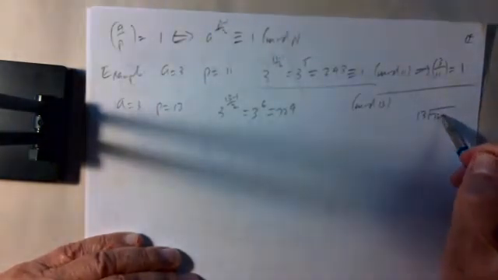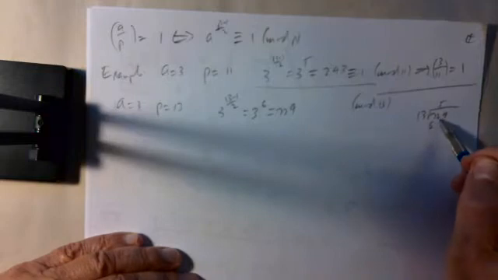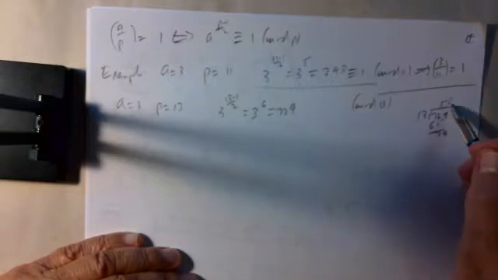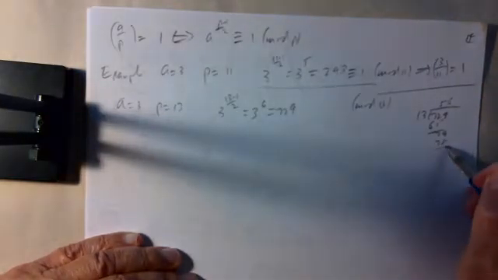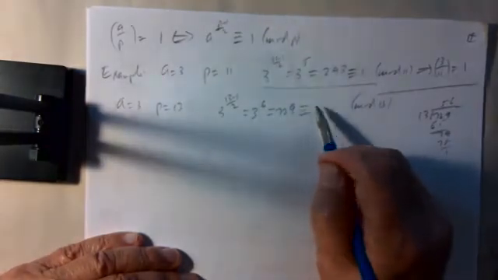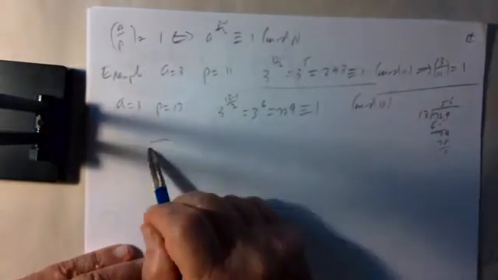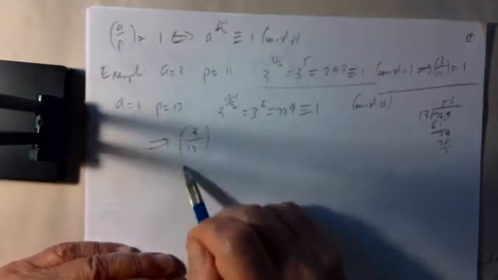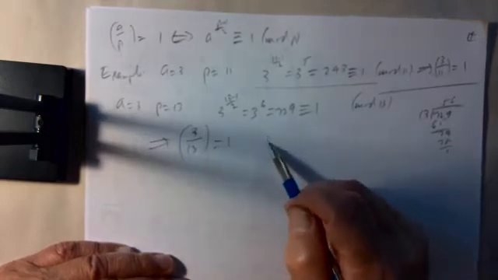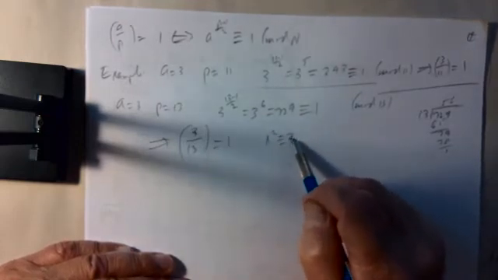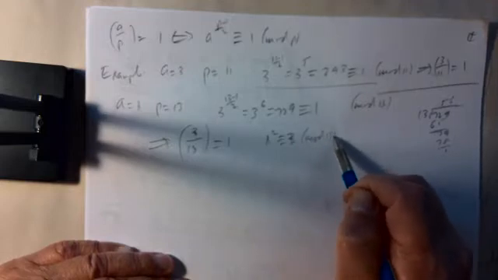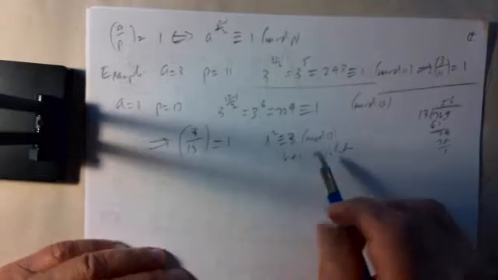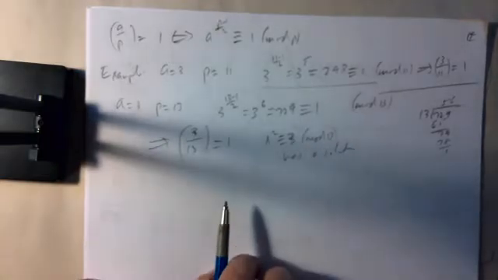If we divide 13 into 729, 6 times 13 is 78. We get a remainder of 1. This is congruent to 1 mod 13. So therefore, the Legendre symbol 3 over 13 equals 1. So x squared congruent to 3 mod 13 has a solution. 3 is a quadratic residue mod 13.